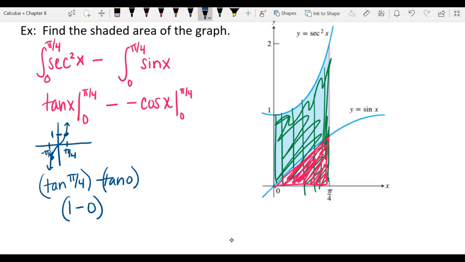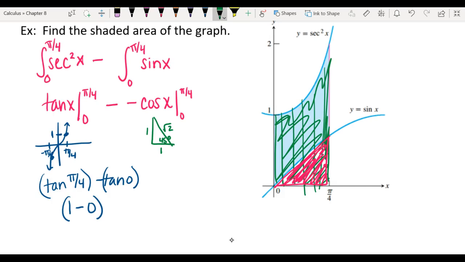Now I'm going to do cosine of x. Pi over 4 is a 45, 45, 90 triangle, right? Do you guys remember that? Pi over 4 is 45, pi over 3 is 60, pi over 6 is 30. The cosine then would be 1 over square root of 2.